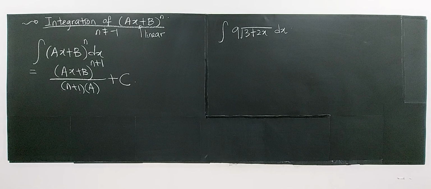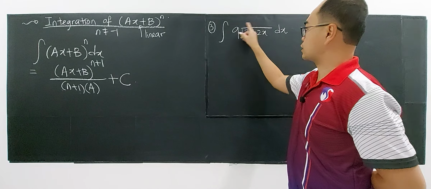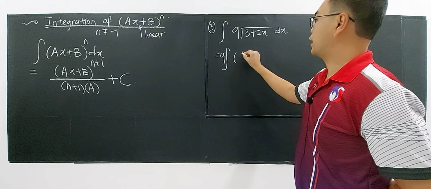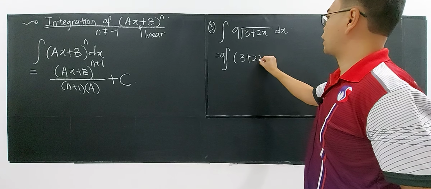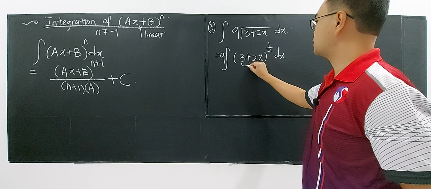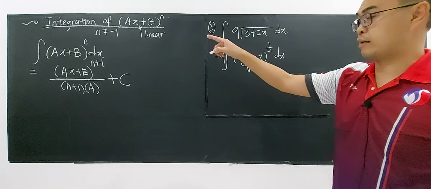Okay, let's move on to the third example under this formula. Very simple. This is a square root. So you can take out the 9 and you can write the square root as power 1 over 2. But the most important thing is that this is a linear form, so you can apply that formula.